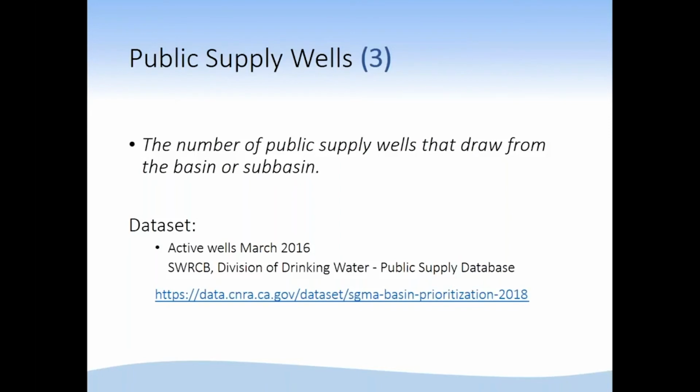That data set is going to be available on our Basin Prioritization open portal website. If it's not there yet, it will be there shortly, within the next couple of days. But you'll be able to download it. It's an Excel spreadsheet, and it'll be a zip file.